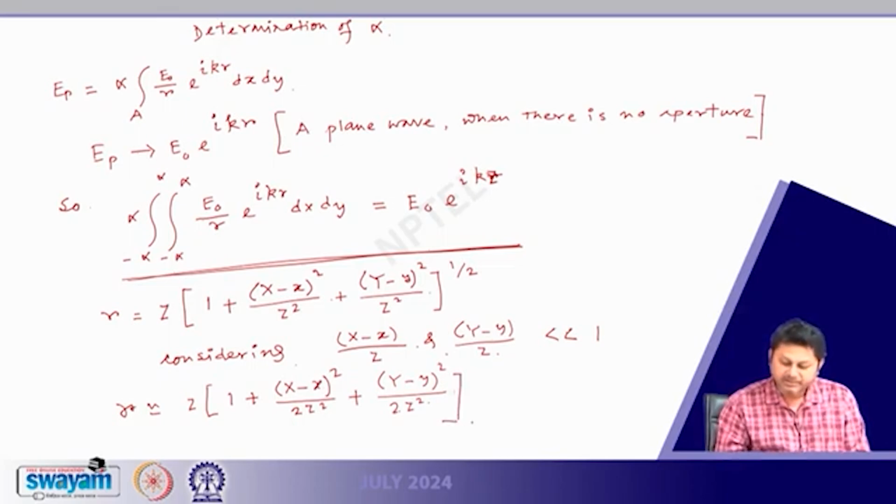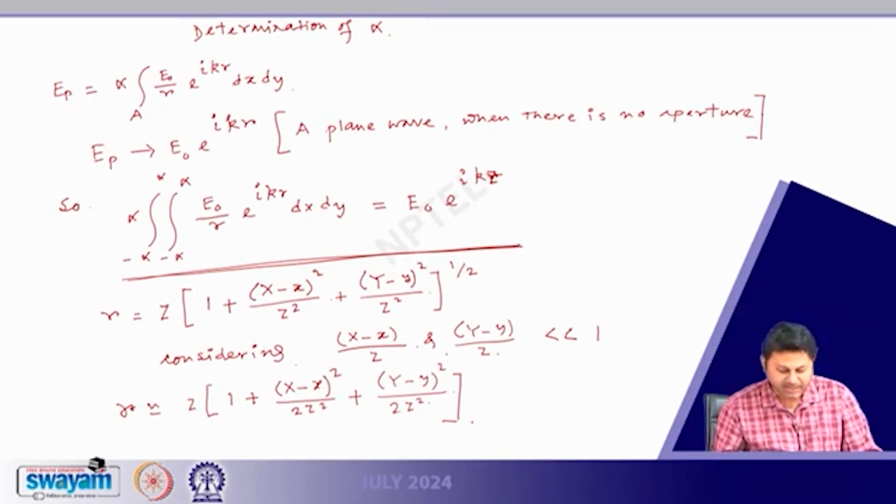So I just expand this, considering this condition that (x minus x') divided by z and (y minus y') divided by z is much less than 1, and then I expand. So this half term will come here as 1 by 2, 1 by 2. So that should be my r.